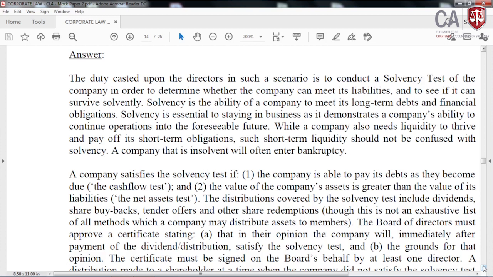A company that is insolvent will often enter into bankruptcy.